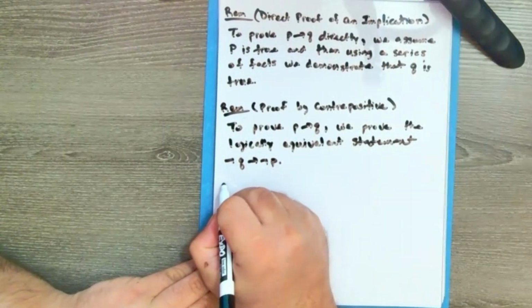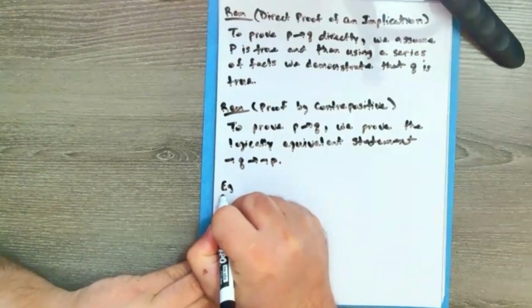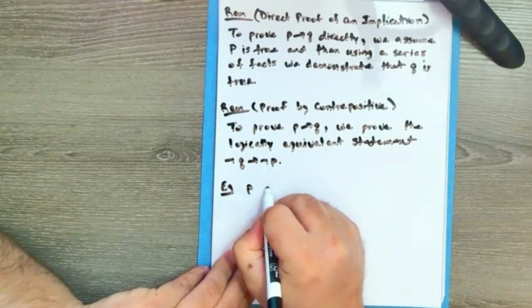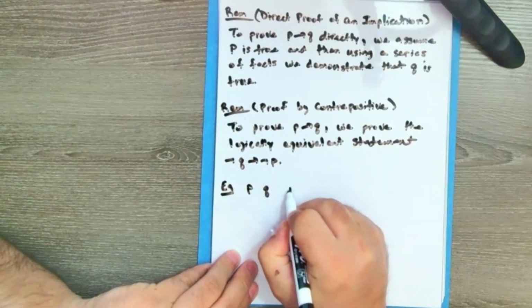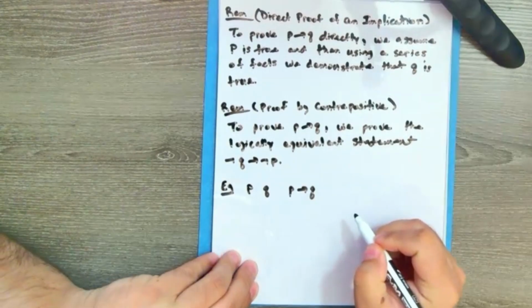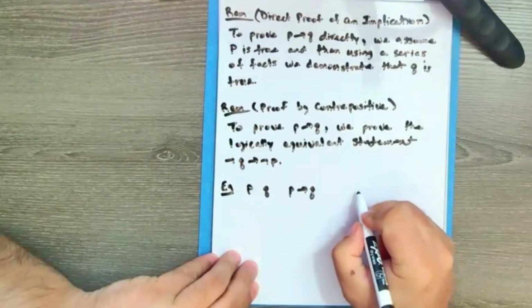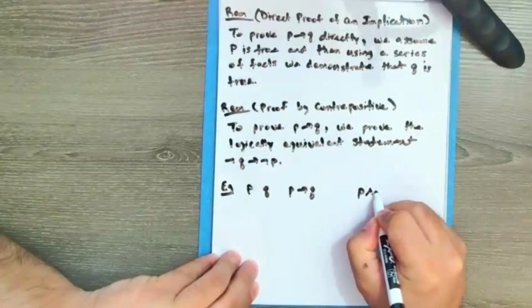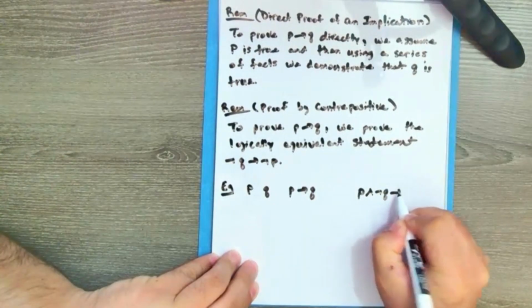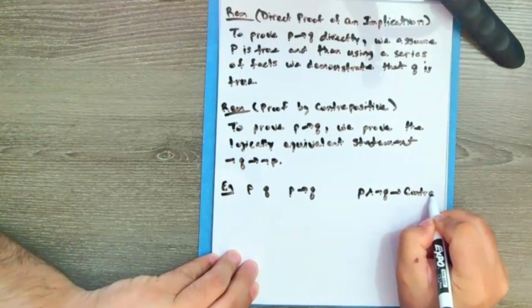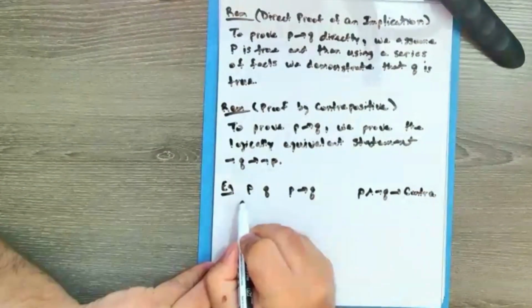So next, we will show that an implication, P implies Q, is logically equivalent to a statement of the form P and not Q implies a contradiction, which I'll abbreviate contra.